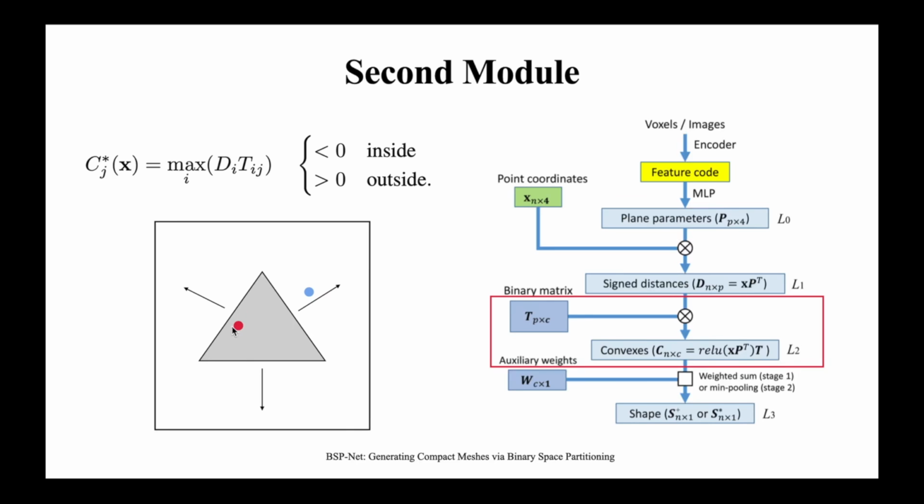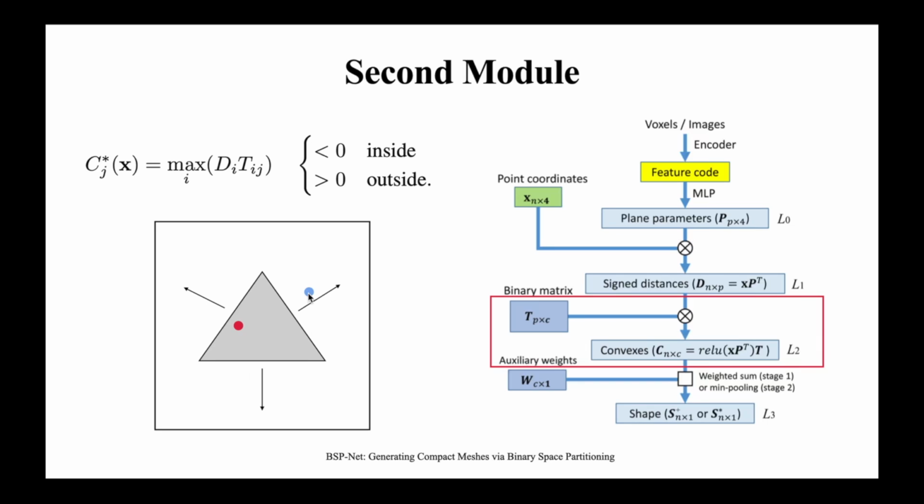So if a point is inside this triangle, then it's actually behind all those three sides. So its side distance to all those three sides would be negative. Now suppose we have another point which is here. It is actually outside this triangle.